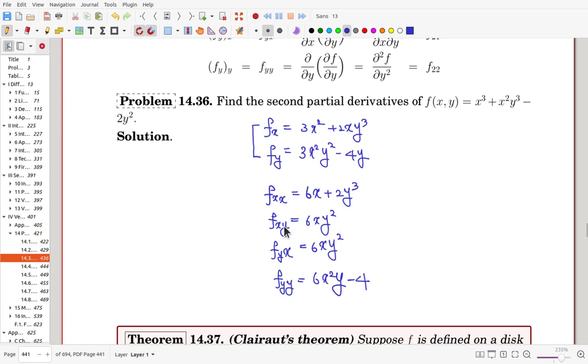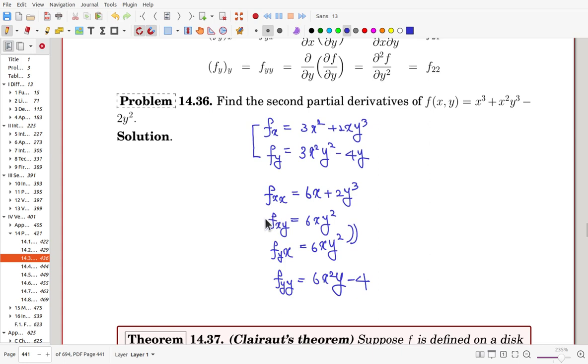Here, these two are the same. Now, it's not accidentally the same. In fact, f sub xy and f sub yx are the same when they are continuous.